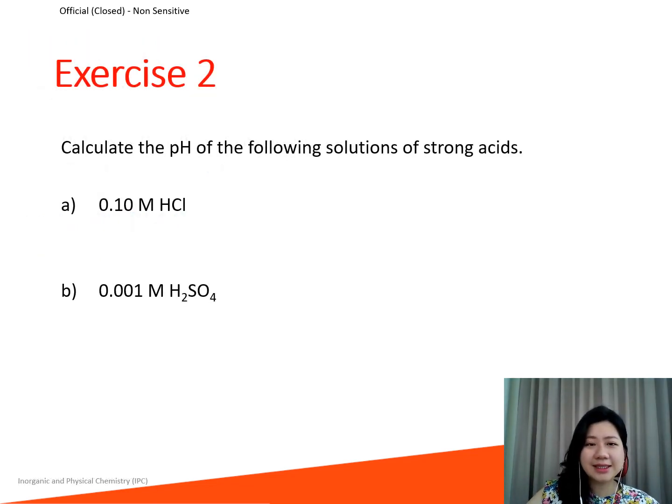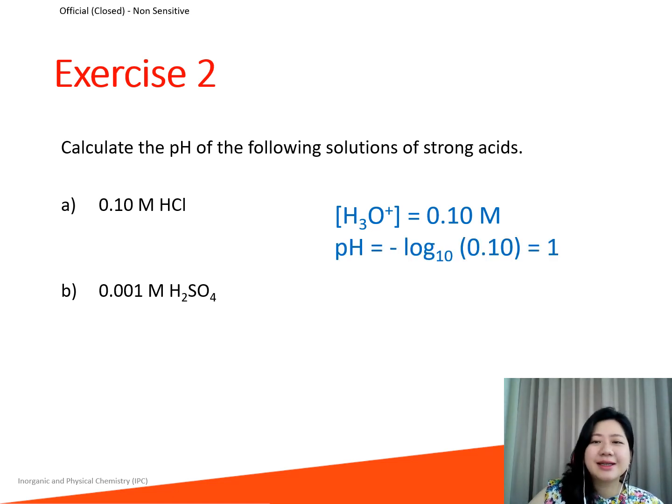In this exercise, calculate the pH of the following solutions of strong acids. Press pause to try it yourself, then press play to view the answer. For question A, 0.1 molar of HCl would give you 0.1 molar of H3O+ ions. Therefore, pH equals negative log 0.1, which gives a pH of 1.